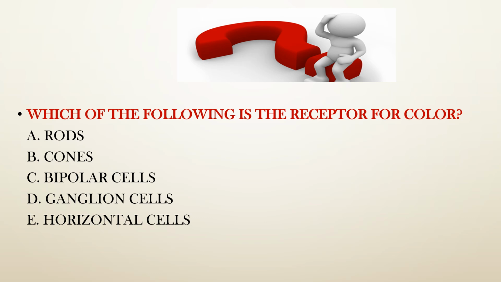And for color vision, cones are responsible for color vision, while rods are responsible for vision in dim light. Okay, so the answer is cone receptors, responsible for color vision.